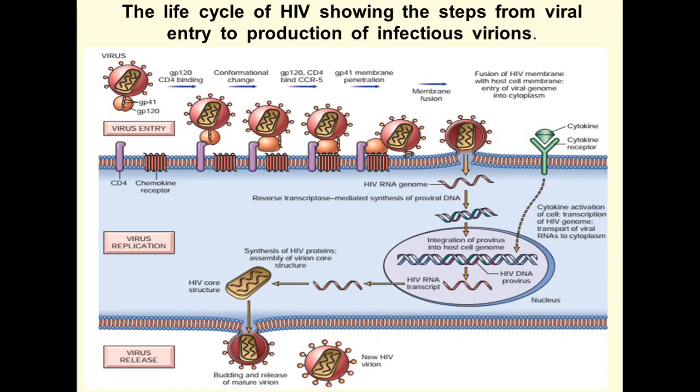So, life cycle. First of all, we have presence of the virus. Then it combines with specific proteins, invades the membrane. Then we have replication of the virus, and virus release.